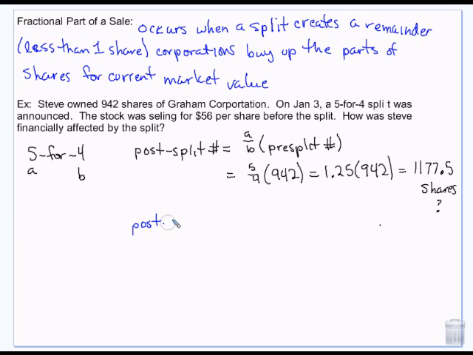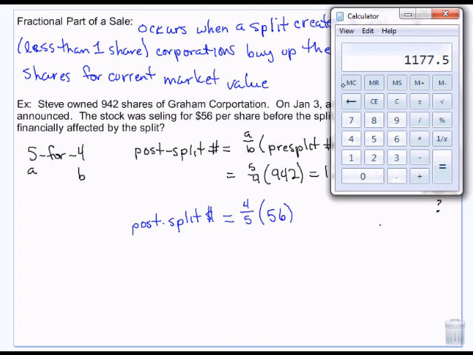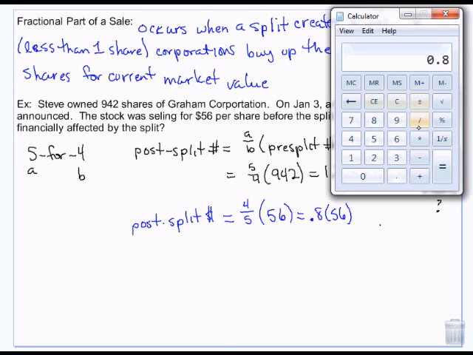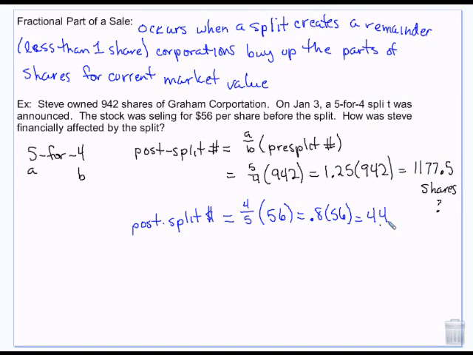The post-split price is 4/5, because it's B over A times $56. 4 divided by 5 is 0.8. I multiply that times $56, and the new shares are $44.80 each.